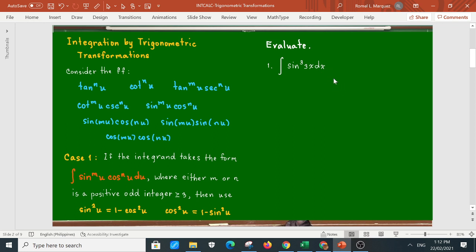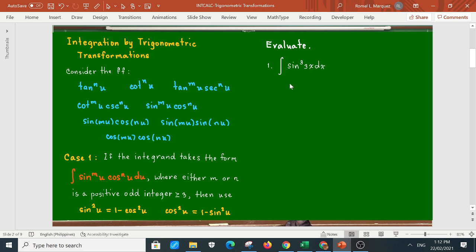The requirement is just that at least one of them has a positive odd integer exponent. This is odd, so it satisfies this form. The odd power will be the one to be transformed.